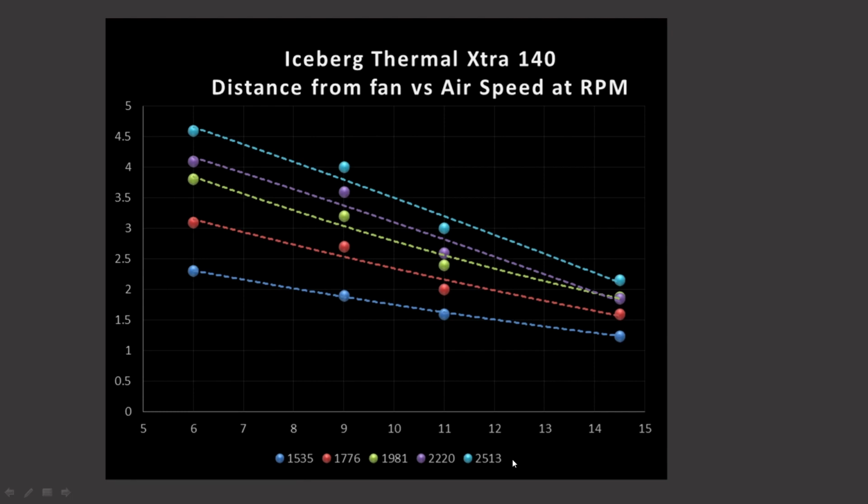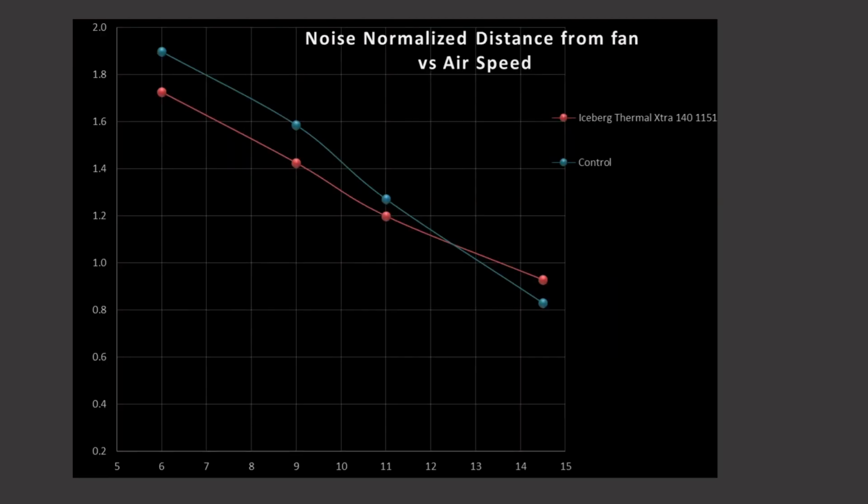So you can see that the IceGale Iceberg Extra 140 already starts off with a fairly high initial RPM of 1,500. So how does it actually perform? You'll notice right away, right here on this graph, that the legend says 1,151 RPM. I calculated that, meaning the fan doesn't actually spin that slow.